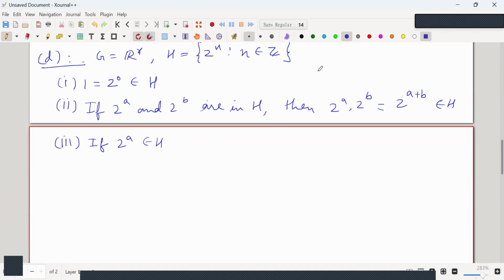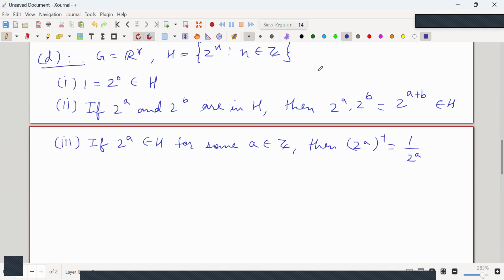So now what about this? If 2^A belongs to H, for some A belongs to Z, then what about its inverse? 2^A inverse is just 1 upon 2^A, right?